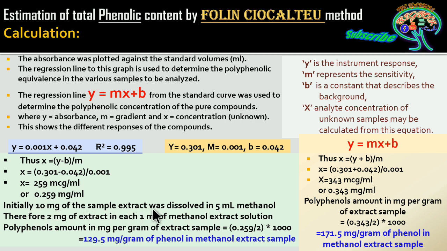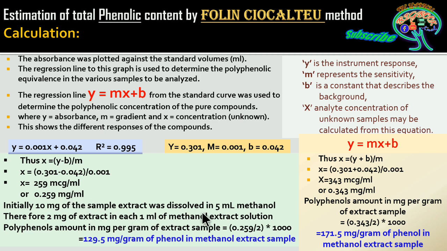So when you consider this 0.259 milligrams per ml of the polyphenols or the gallic acid equivalents, where it is going to be of 2 milligrams of the extract, it is 0.259 milligram per ml of the gallic acid equivalents per gram of the gallic acid.